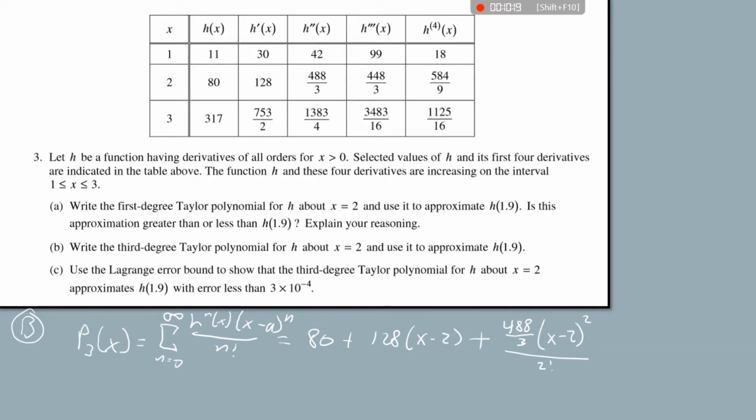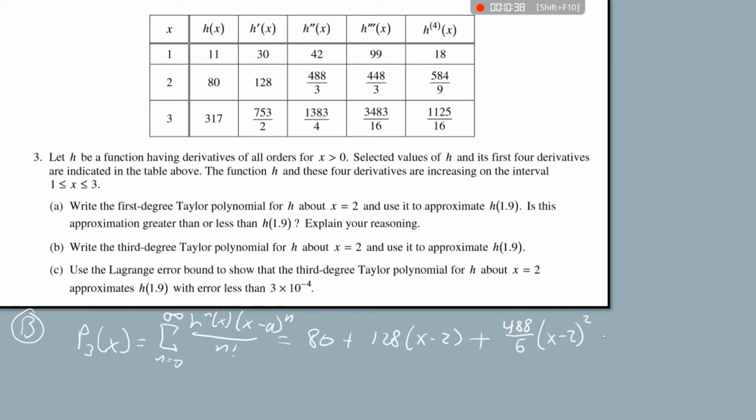If I want to simplify this a little bit, what can I do? That's 488 divided by 6. Okay, I'm going to leave it like that. 488 over 6 times that one, (x minus 2) squared.